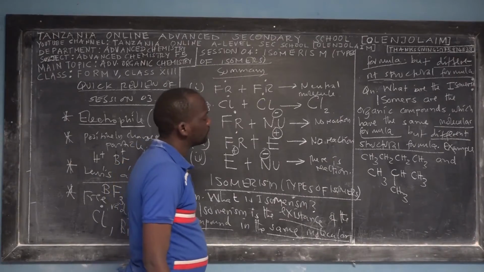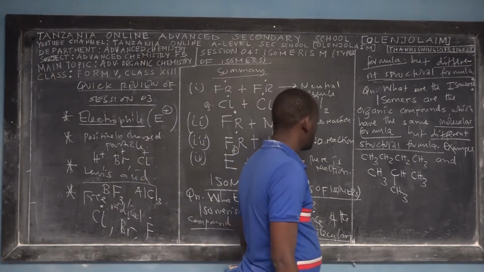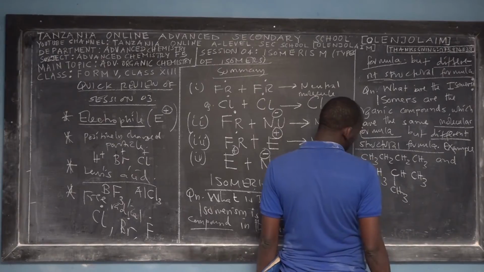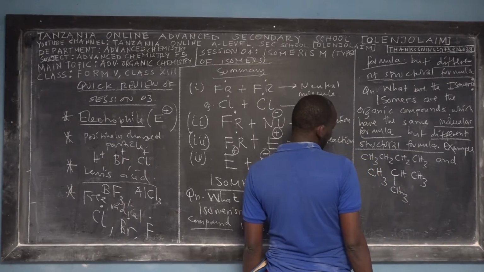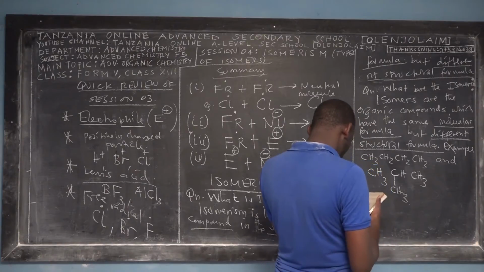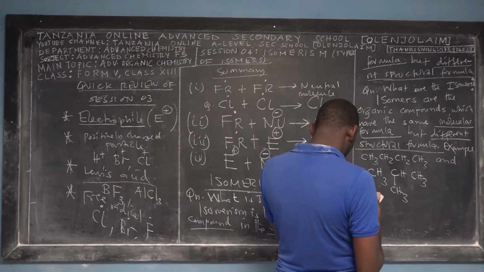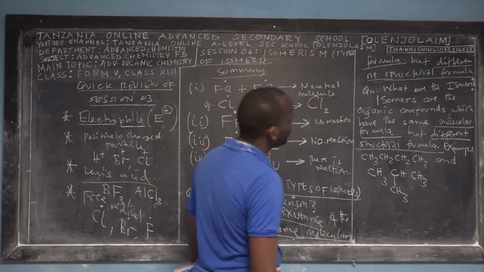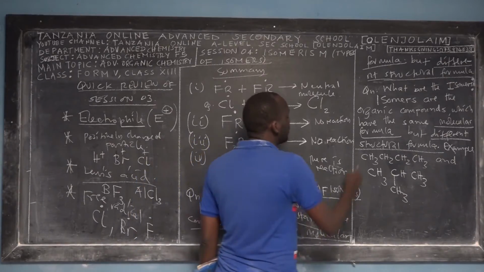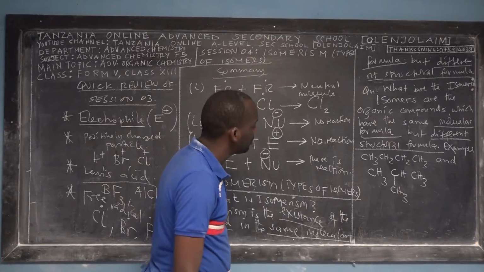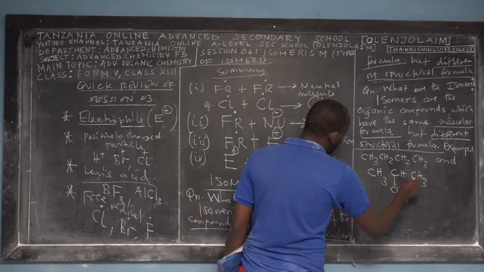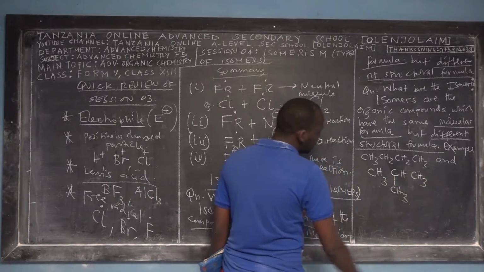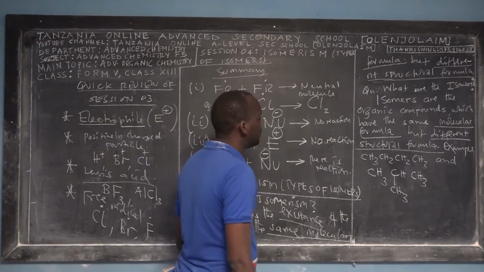It contains 4 carbons, 1, 2, 3, 4 carbons, and hydrogens 4, 7, 10. So these are isomer compounds.